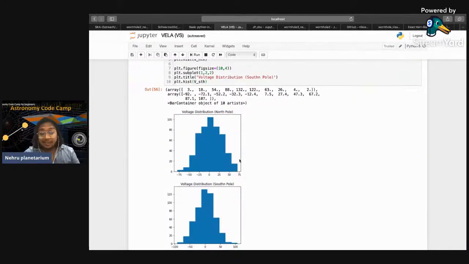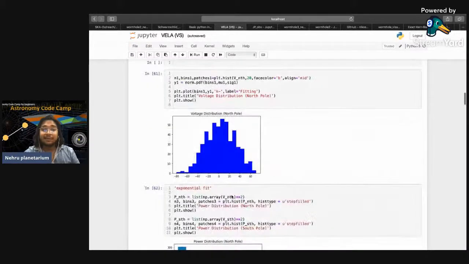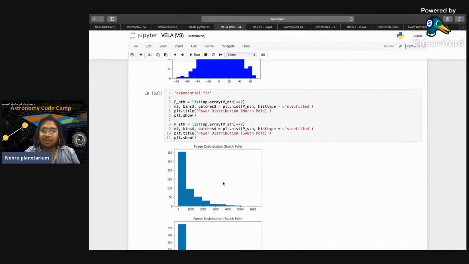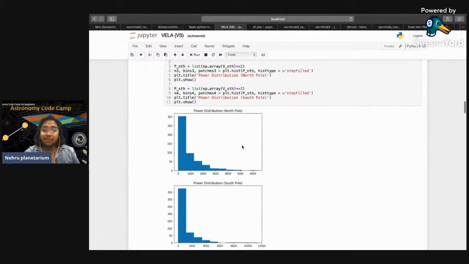Then seeing how the power looks, which is basically the square of the magnitude of the voltage data set that we have, simply squared, and which should follow an exponential profile. Doing simple mathematical calculation would make that quite evident.